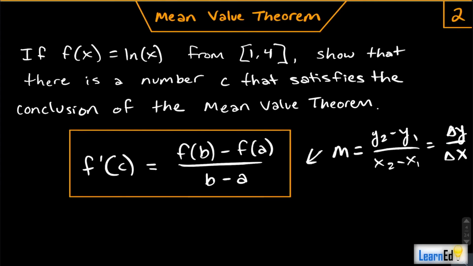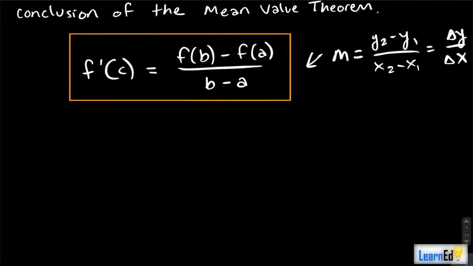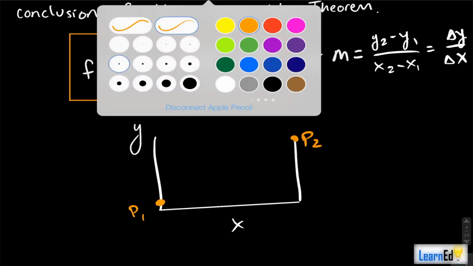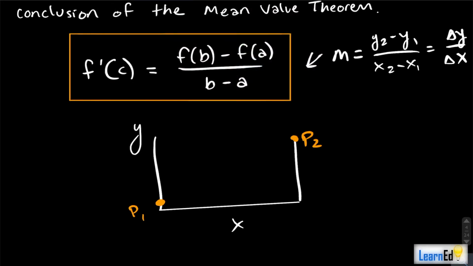Actually, let me graph this so I can make sure that you get what I'm saying. Let's say that this is our x-axis, and this is our y, and we have point 1 here and point 2 here. If your slope never hit f prime of c because it was always lower than it, your point would end up down here.